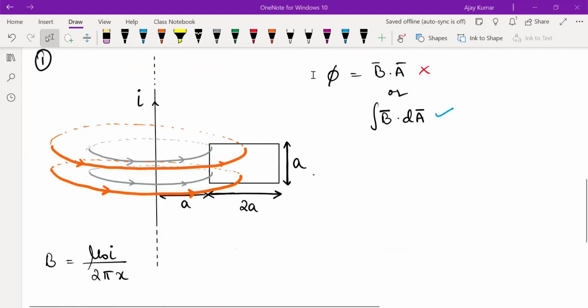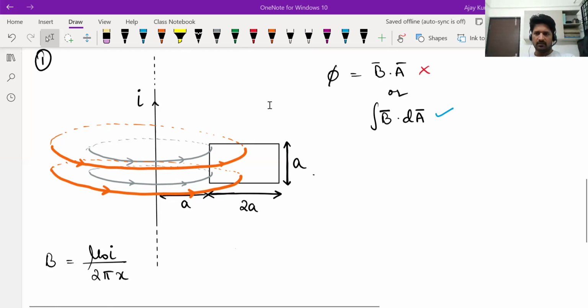Make it fast, all of you. Yash is saying we should consider a vertical thin rectangular strip. Yeah, that is correct. Proceed.